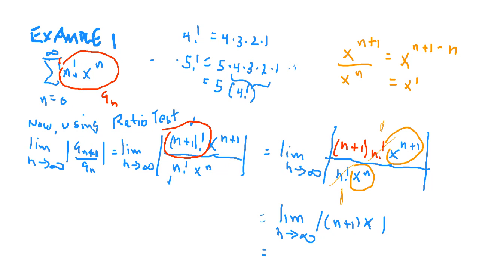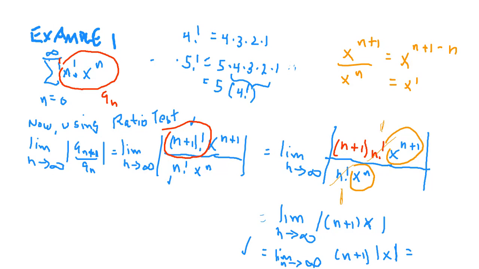Now the n plus 1 can be brought out front of the absolute value. And so in the ratio test, you get the limit as n goes to infinity of n plus 1 times the absolute value of x.